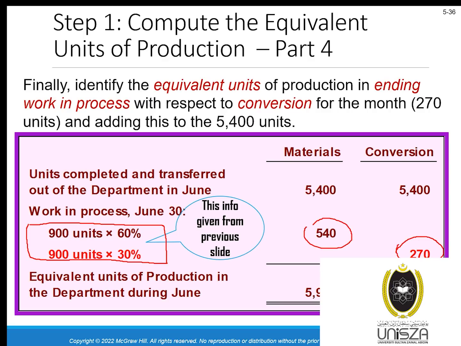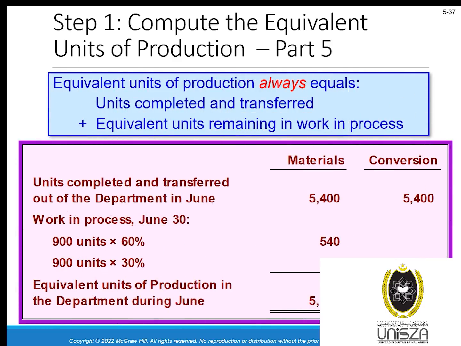This is the equivalent units. The total equivalent units of the completed is 5940 for materials, and for conversion is 5670. So equivalent units of production always equal to units completed and transferred, right, class?